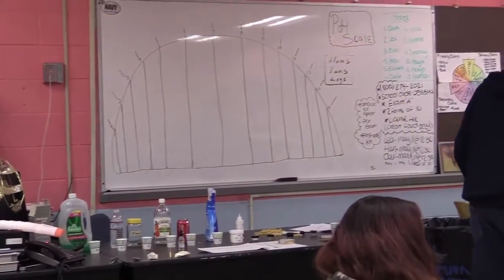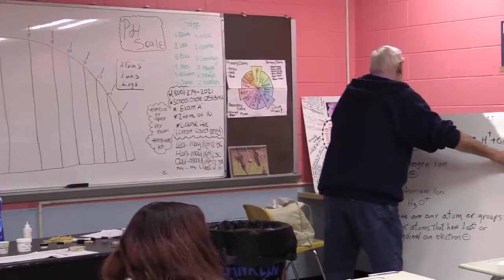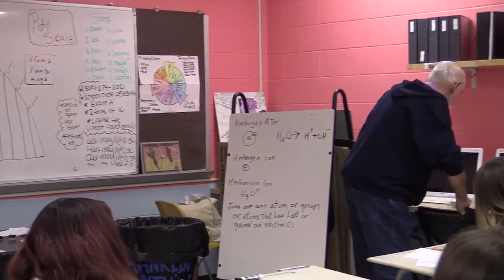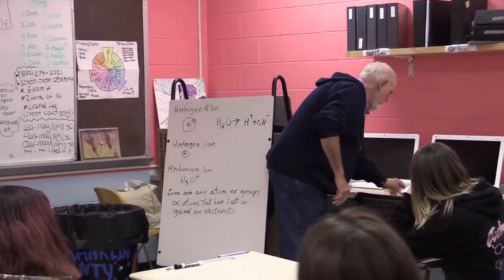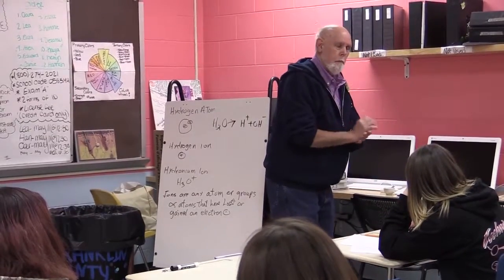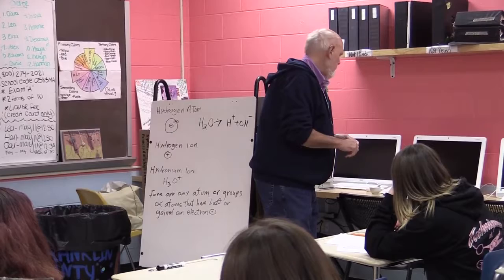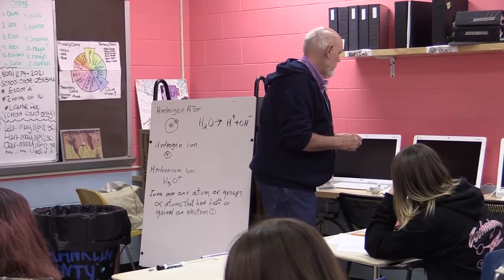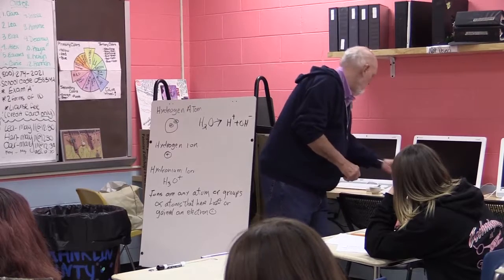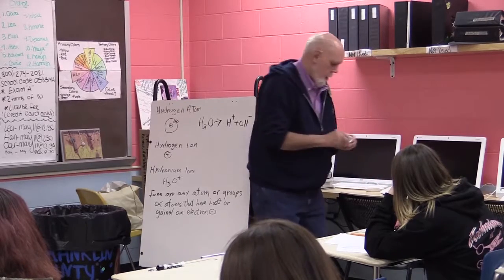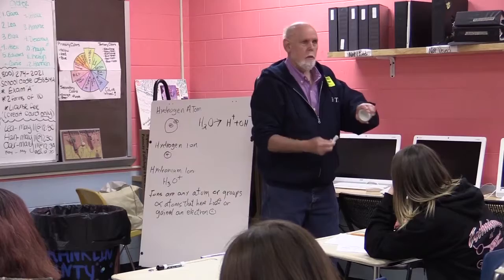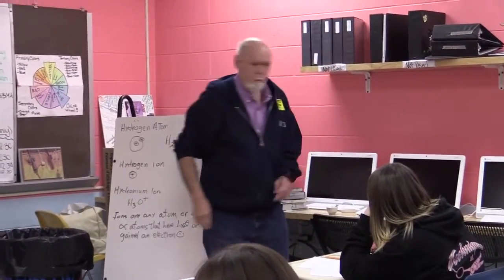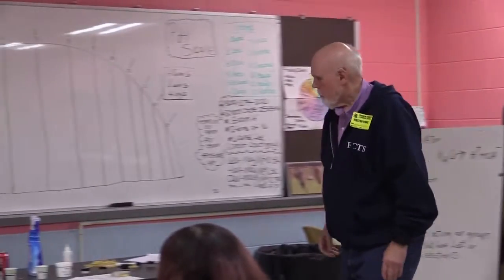Now, over here, if you want to check out some buffering things, I have some Alka-Seltzer, and you could crush up a tablet and put in very little water, because it's going to fizz up, and you can check the pH of that. Here's some Tums over here. I've got a little grinding stone, so if you want to grind them up, you're welcome to do that. So there's a little extra thing you can do.